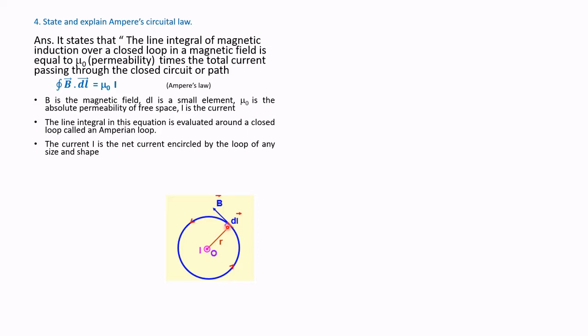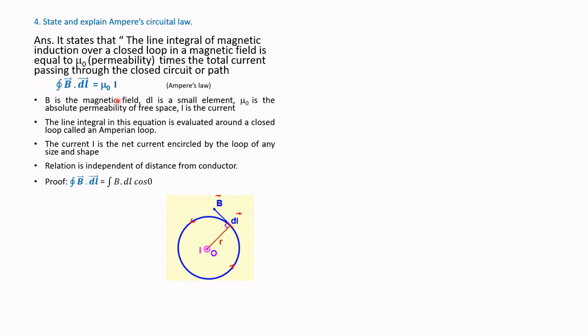The current I is the net current encircled by a loop of any size and shape. The relation is independent of distance from the conductor. You see here there is no parameter and no factor related to R. R is the radius of the circle. So it is independent of R.